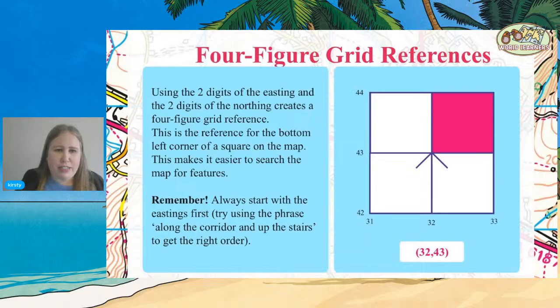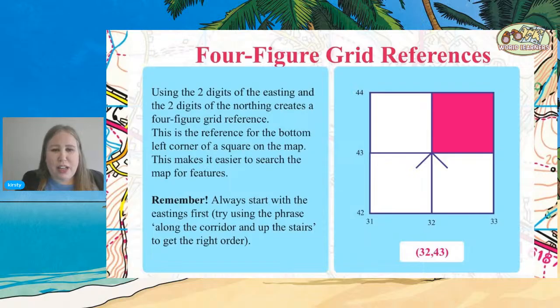4-figure grid references then. Using the 2 digits of the easting and the 2 digits of the northing creates our 4-figure grid reference. This is the reference for the bottom left corner of the square on the map, so that square marked in pink there. This makes it easier to search the map for different features. And this is our important bit. Always start with the eastings first.